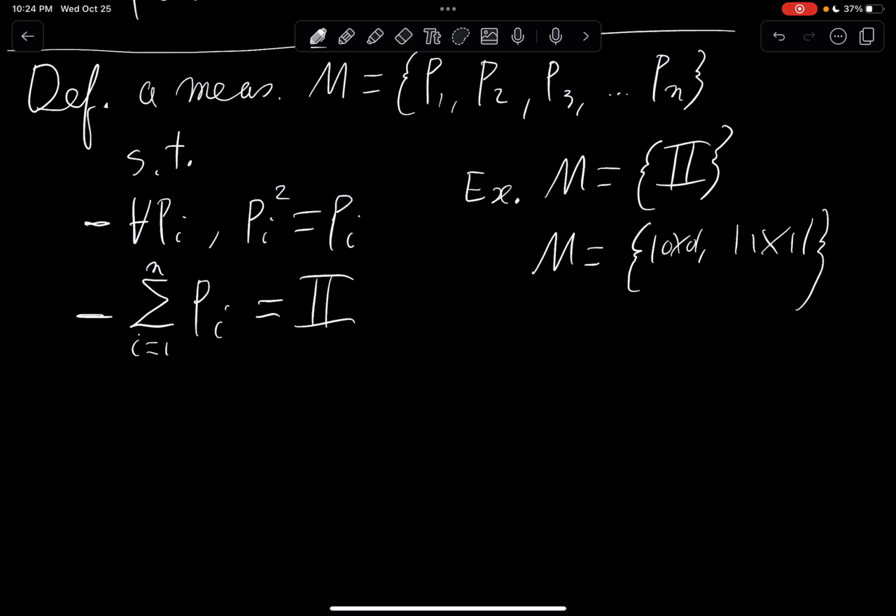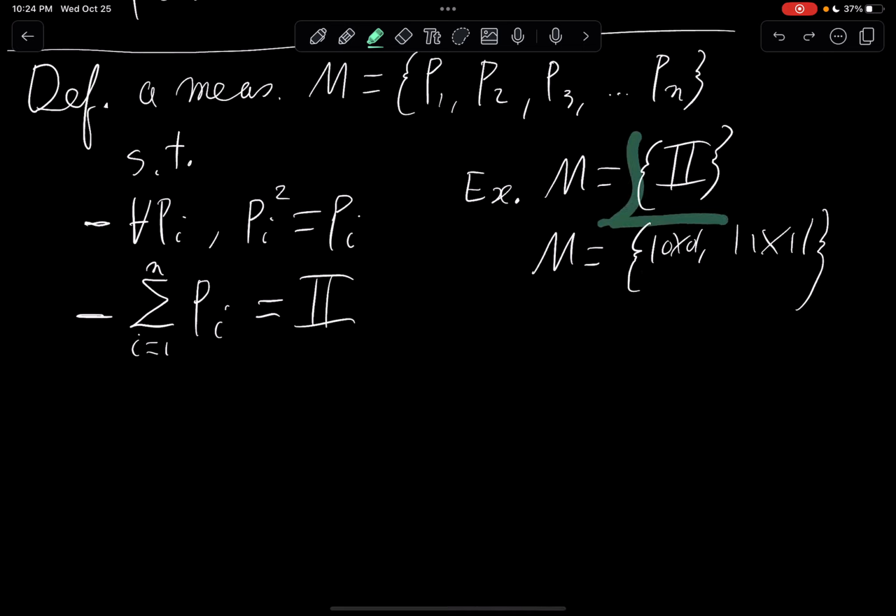Let's first look at the second example. This won't surprise you, but this corresponds to measuring in a 0, 1 basis. So I'm asking, are you 0 or are you a 1? This is an example we've seen before, but now we have a more mathematically precise definition.